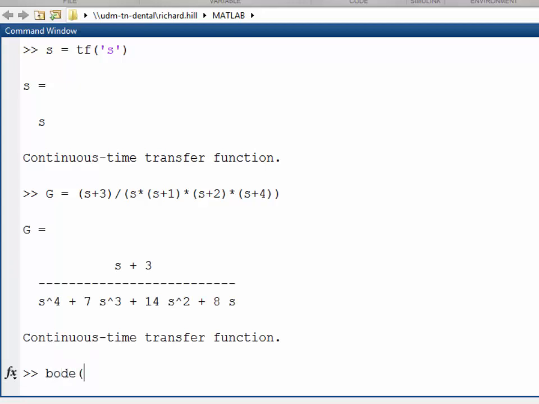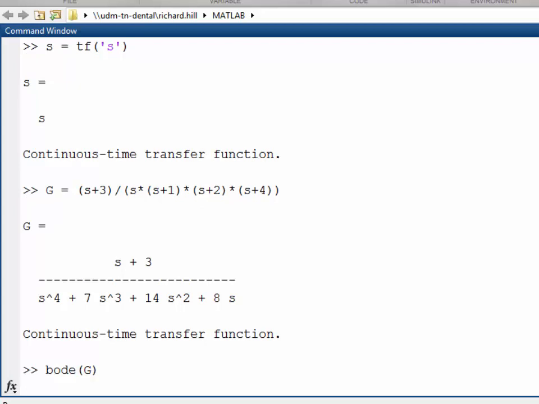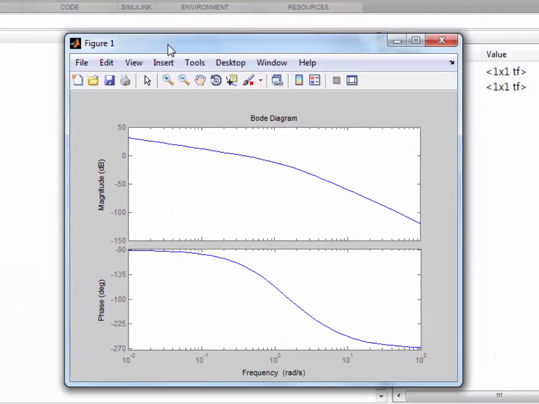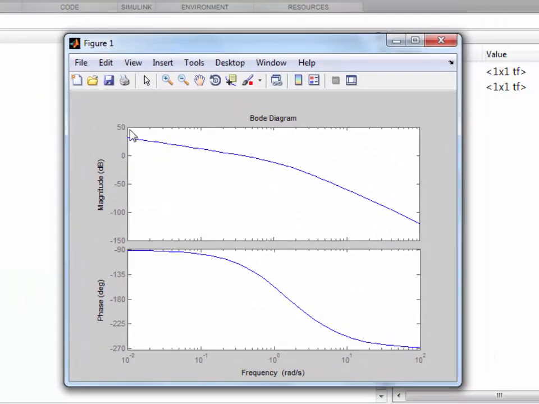We can create the Bode plot using the command bode. We get that Bode diagram. You can see a couple things. One, our system, our open loop transfer function, had a pure integrator, so you can see the slope is negative 20 dB per decade as omega approaches 0.